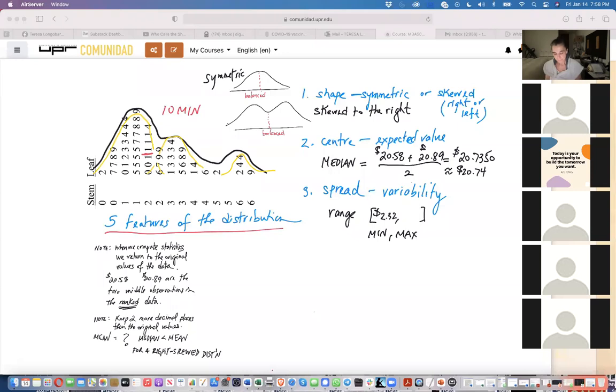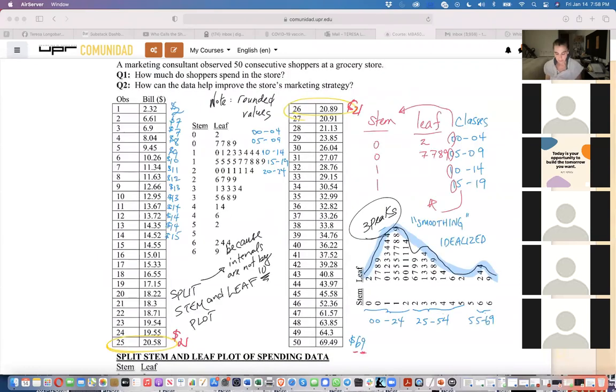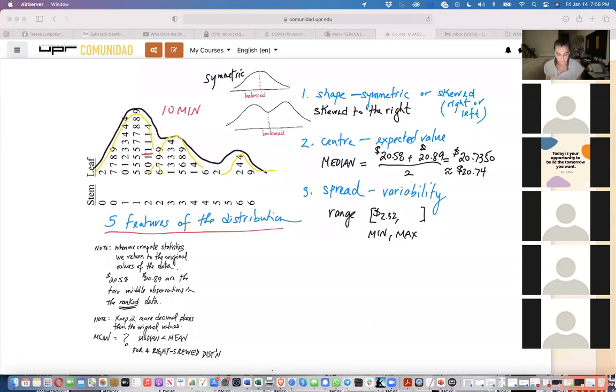And the maximum was, what's the maximum? What's in the chat? All the decimals, everything, 69.49. The original values.